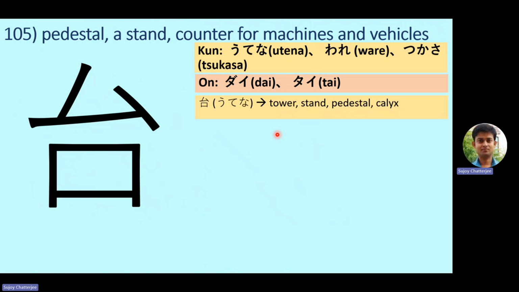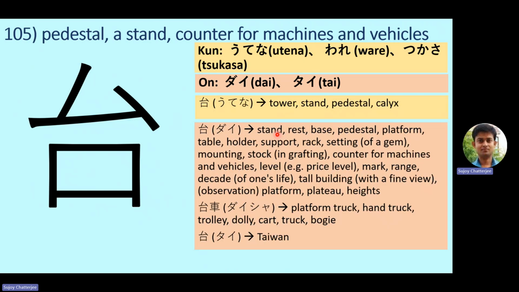Utena means tower or a stand or a pedestal or a calyx. The onyomi reading is more important. Dai, which means a stand, a rest, base, pedestal, platform, table, holder, support, rack, setting of a gem, mounting, stock in grafting, counter for machines and vehicles, level, for example, price level, mark, range, decade of one's life, tall building with a fine view, observation platform, plateau, heights.